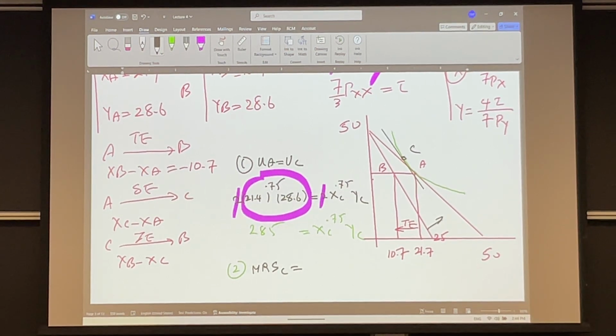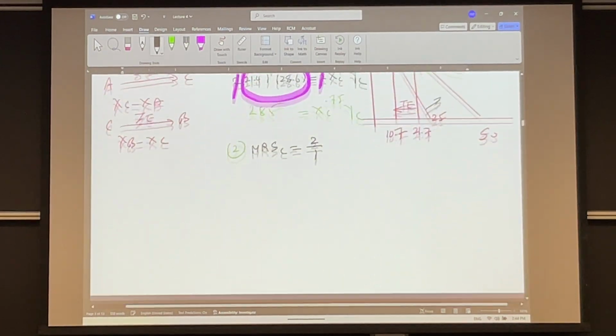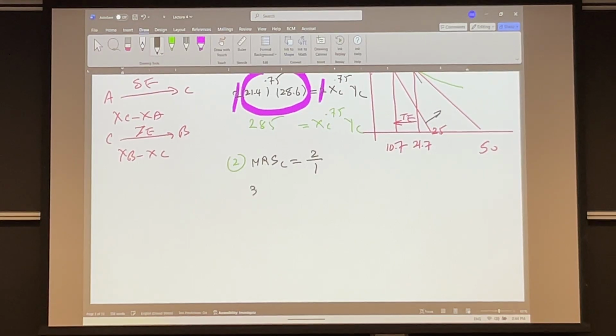So put the new one. The new one is 2 divided by 1. And the MRS is this one: 3yc over 4xc equal to 2. That gives you yc, which is equal to 8xc divided by 3. And then I'm going to put this there and solve it.